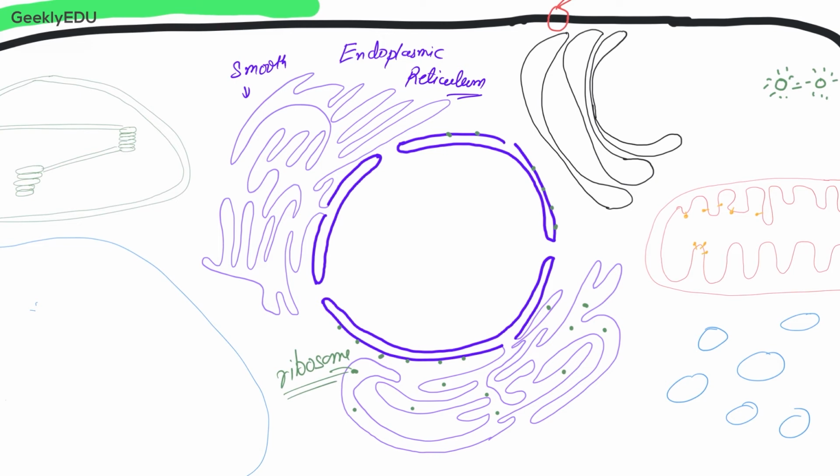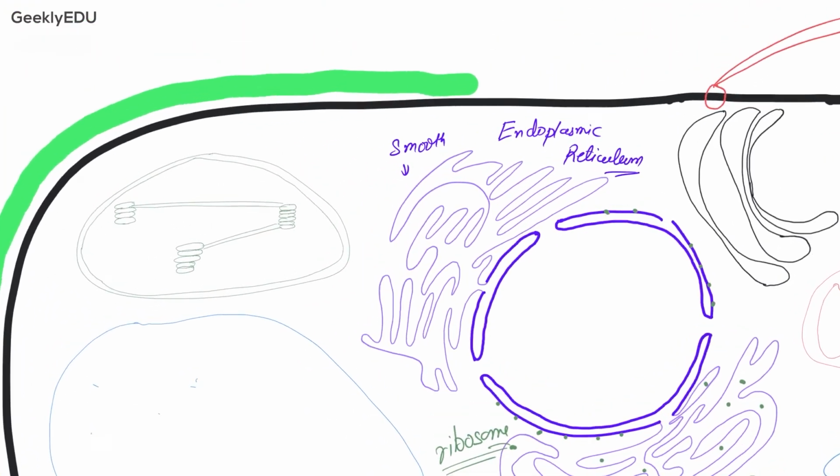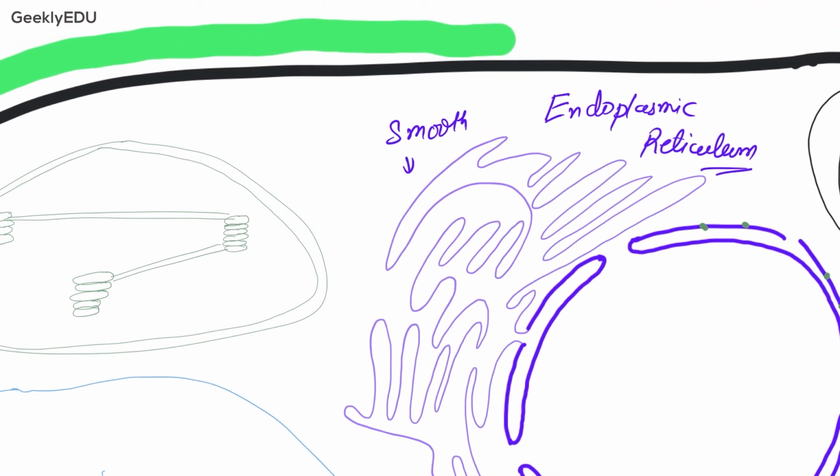So these are RER, rough endoplasmic reticulum, which makes a lot of protein, and this is smooth endoplasmic reticulum, which can do a host of different jobs. It can synthesize membranes because it synthesizes a lot of lipids. It can store calcium if you talk about your muscles, right? It can also carry out detoxification of certain drugs, right?